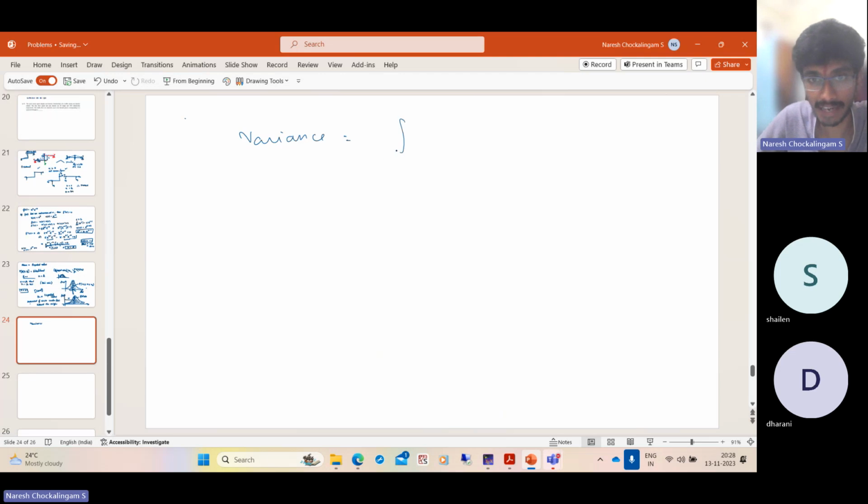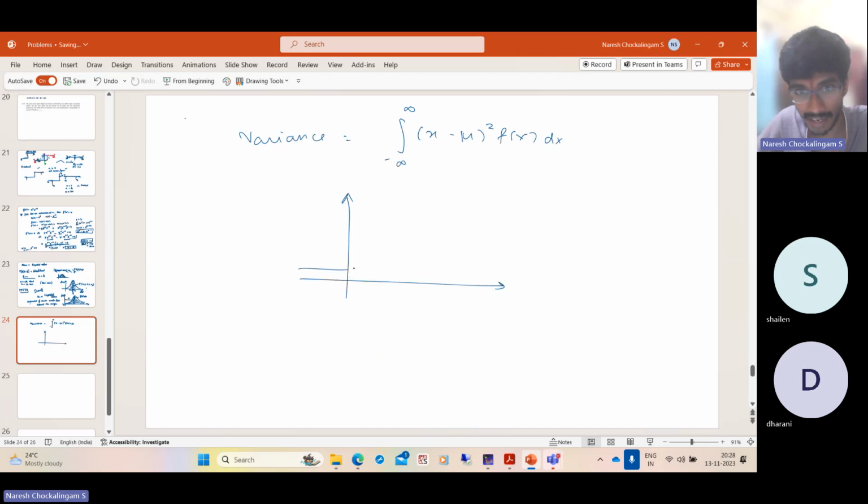So variance is the integral from minus infinity to infinity of x minus mu the whole square, f of x dx. We have already determined mu, so you're taking the second moment about it.